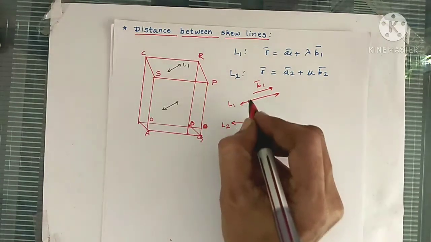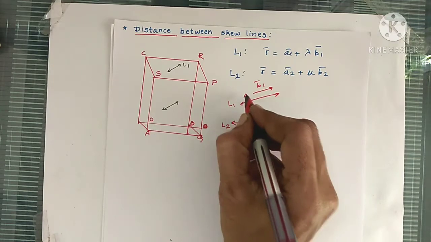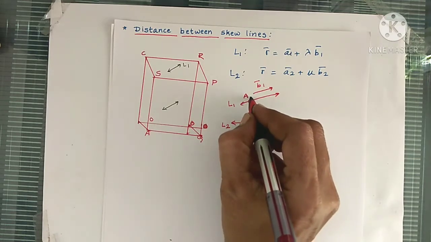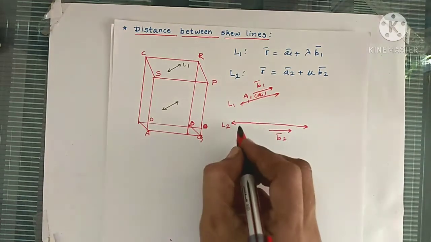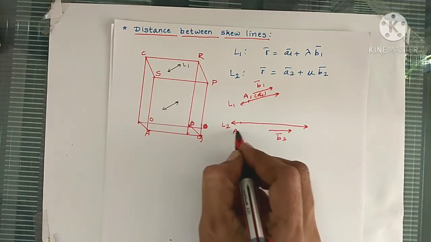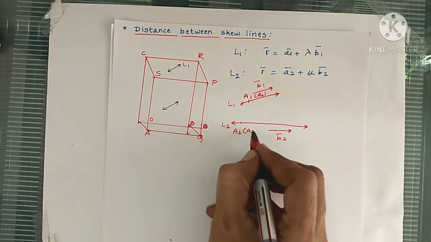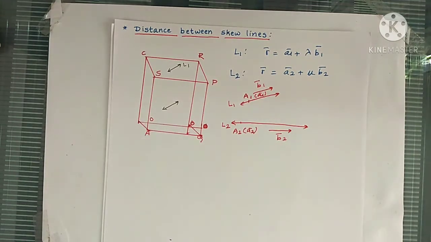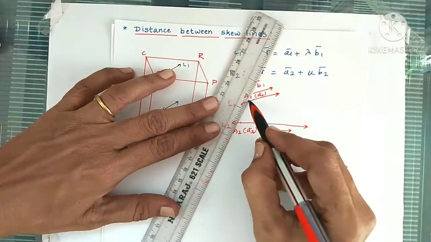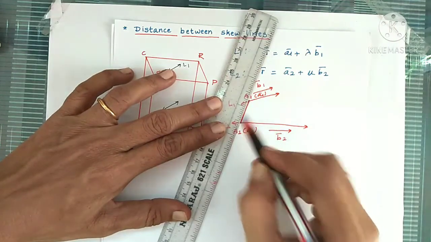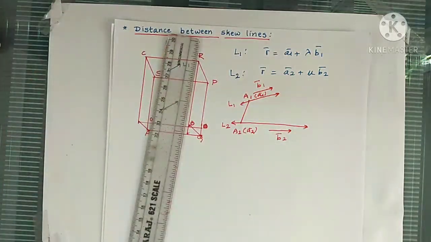Now the first line has a point A1 with position vector a1 bar, and point A2 with position vector a2 bar. Now let's join these two points A1, A2. So joining A1, A2, we have this vector A1A2 bar.